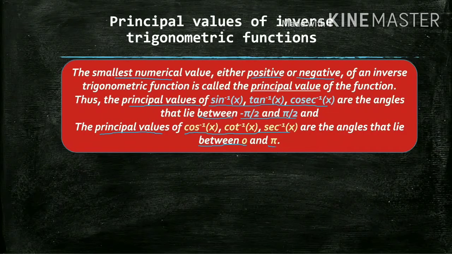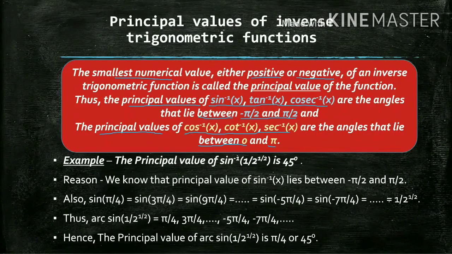Now this result is similar to the one I told you earlier when you were remembering the domain and restricted range table. There I also told you that sine, tan, and cosec would have the same range, minus pi by 2 to pi by 2, and cot, cos, and sec would have the same range, 0 to pi. Similarly over here, principal values will lie in these. I am not including or excluding any of these endpoints. We will discuss it more later.